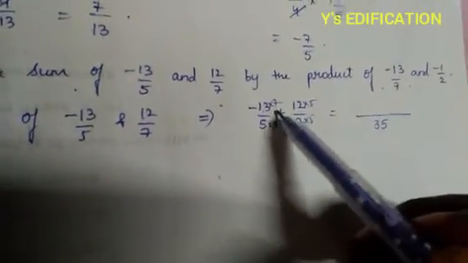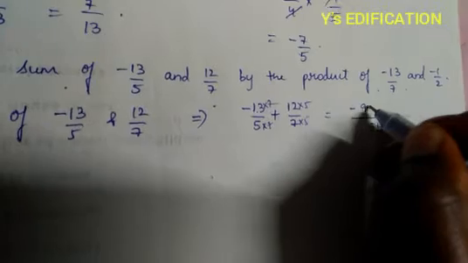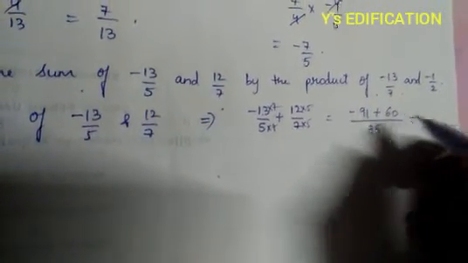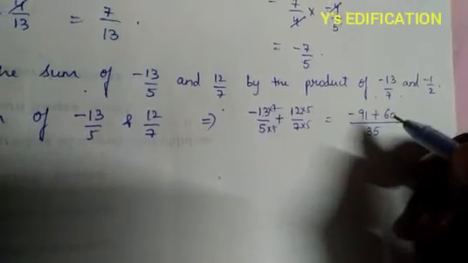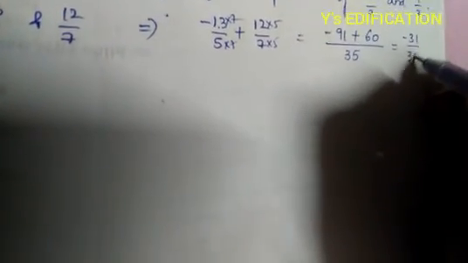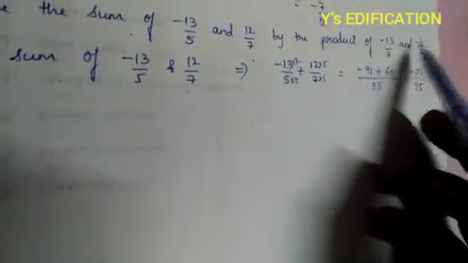So minus 13 into 7 is minus 91 plus 12 into 5 is 60. So minus 91 plus 60 by 35 is minus 31 by 35.